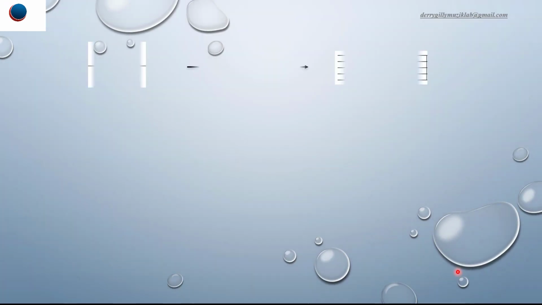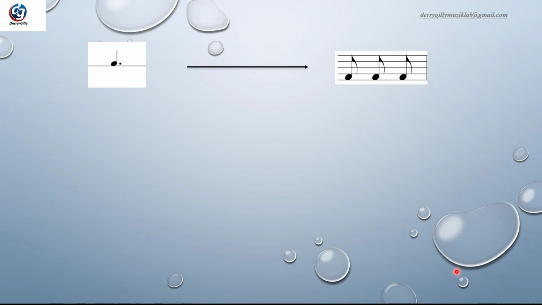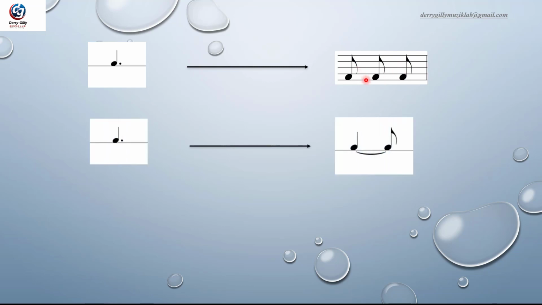Now when we move to the next slide, a dotted crotchet will have three quavers. A dotted crotchet is going to have three quavers, meaning these two will give me one crotchet and this one added to it, and this one becomes the dot and it will give me three quavers. Now a dotted quaver is like this.